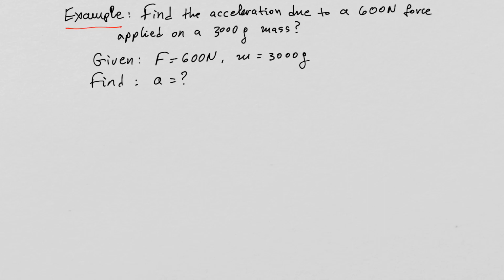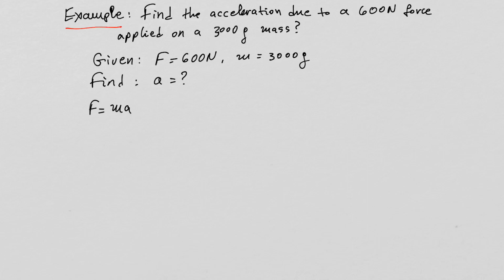So again, to be able to solve this problem, apply the second law, so F is equal to mass times acceleration. However, now we are looking for the acceleration, which means that I must rearrange the terms in this formula to isolate the acceleration on the right side of the equation and have the force and the mass on the left side of the equation.